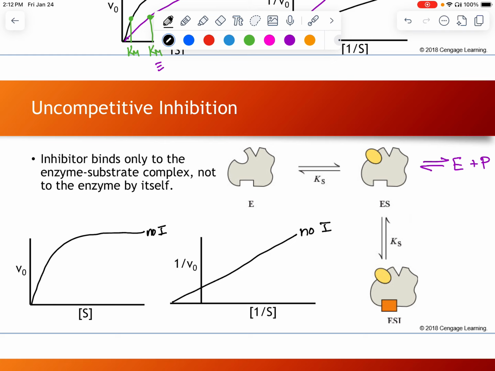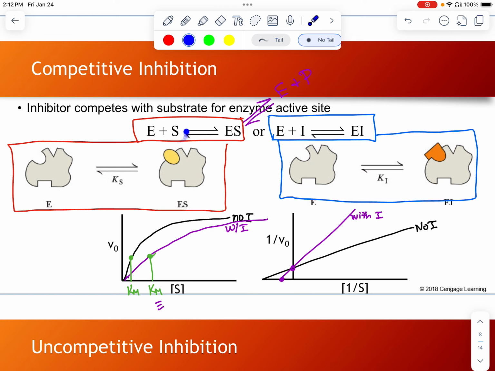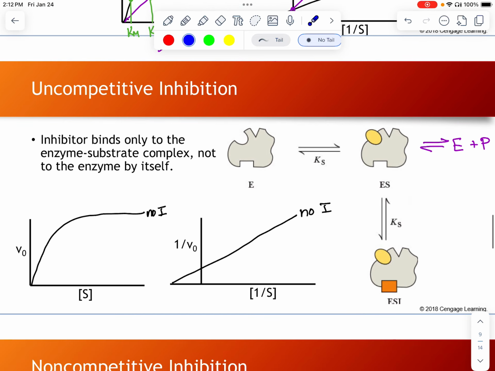Even if you increase the substrate concentration, so if we increase substrate concentration moving to the right, since the substrate has bound first and the inhibitor binds second, that extra substrate isn't overriding the inhibitor. It's not like up here where, wow, if we just overpower, then most likely our enzyme substrate will form instead of enzyme inhibitor. Here, the substrate's bound either way. We can't overpower that inhibitor.